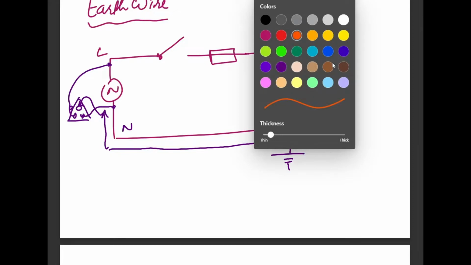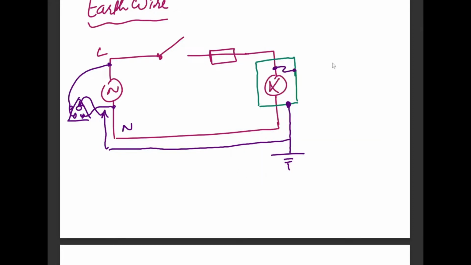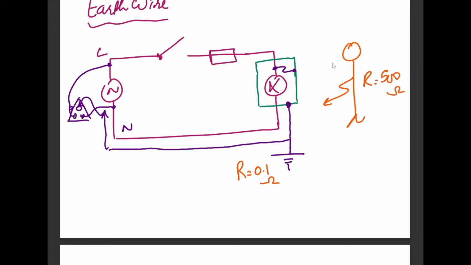If a person has installed this third earth wire in the house connection, and this condition arises that internally the live wire becomes in contact with the metal part of the object, then what's going to happen is that this path that we provide to the ground has a resistance that is much lower, let's say 0.1 ohms, and the person who's going to come near this operating machine has a resistance of approximately 500 ohms, for the sake of example.